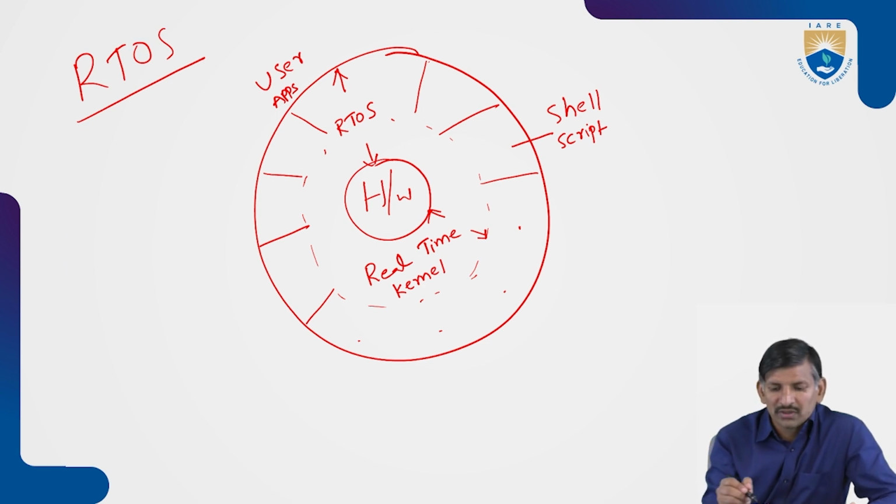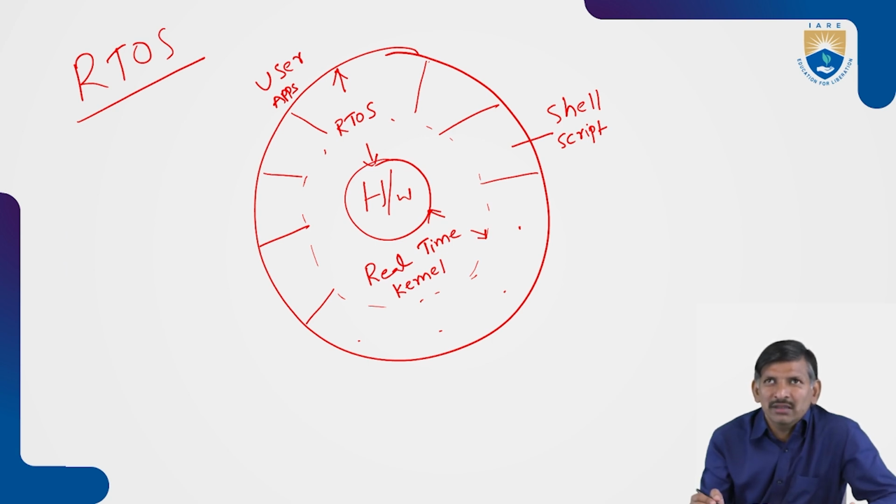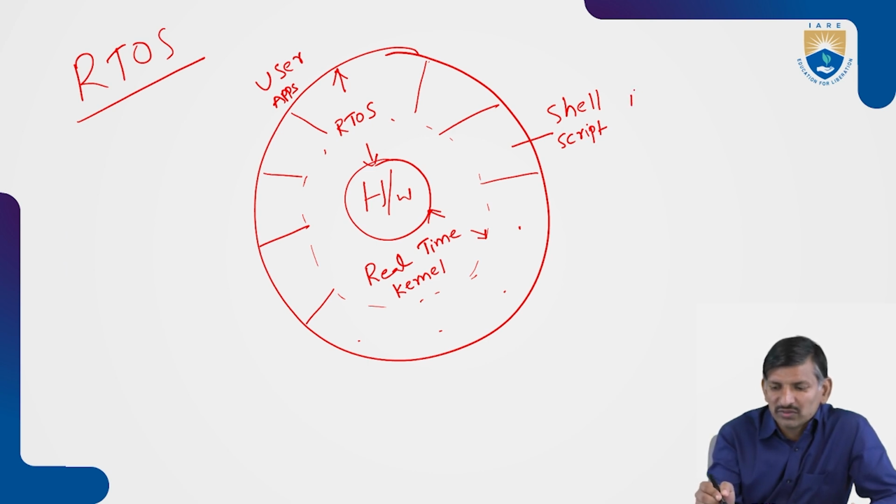Now we are going to discuss real-time kernel services. Real-time means they have deadlines. Within the deadline, the task needs to be completed. This real-time kernel provides various services. The first one is process management.